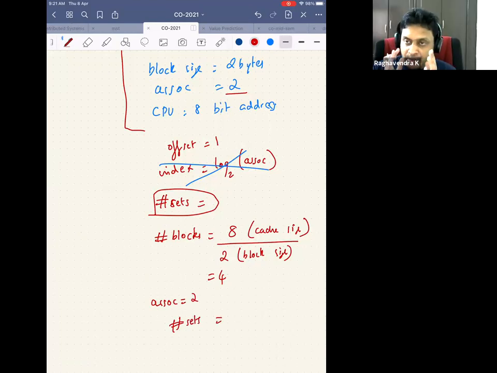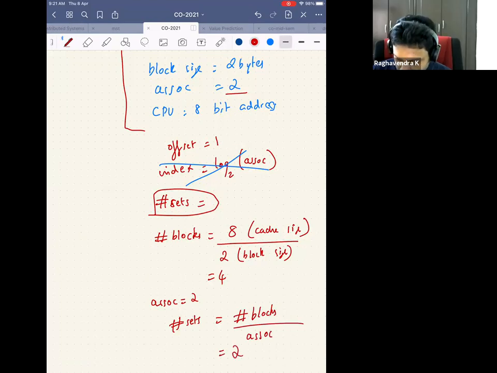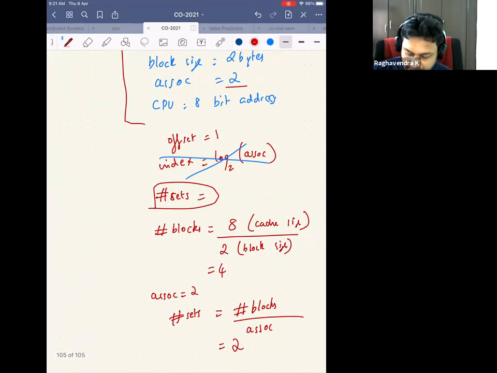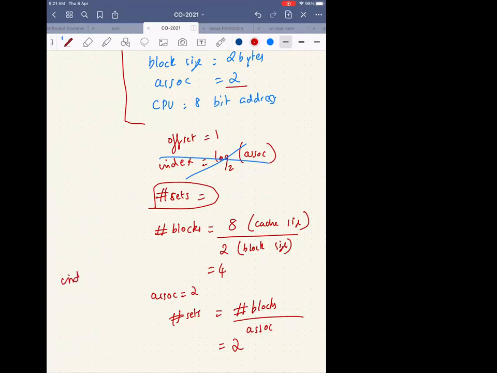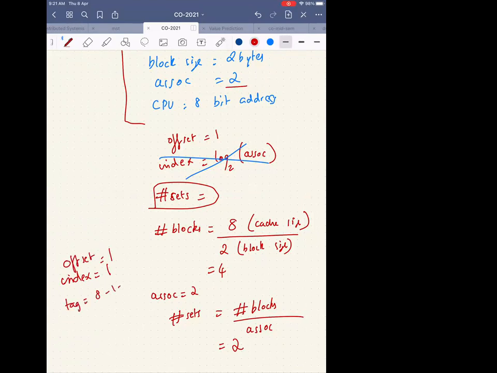You are now clubbing 2 blocks together as a set. Okay. So number of sets is 2. So number of bits in the index is 1. Offset is also 1. So how many bits are there in the tag? So 6. 8 minus 1 minus 1, so 6.